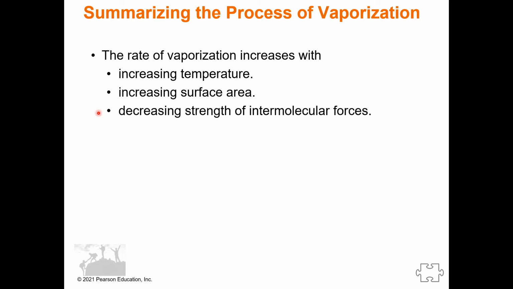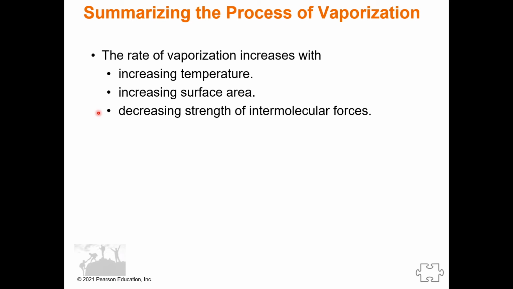The next thing, we have to take a look at the intermolecular force strength that's involved in whatever substance we're looking at. If we have something like water, it has dispersion, dipole-dipole, and hydrogen bonding.